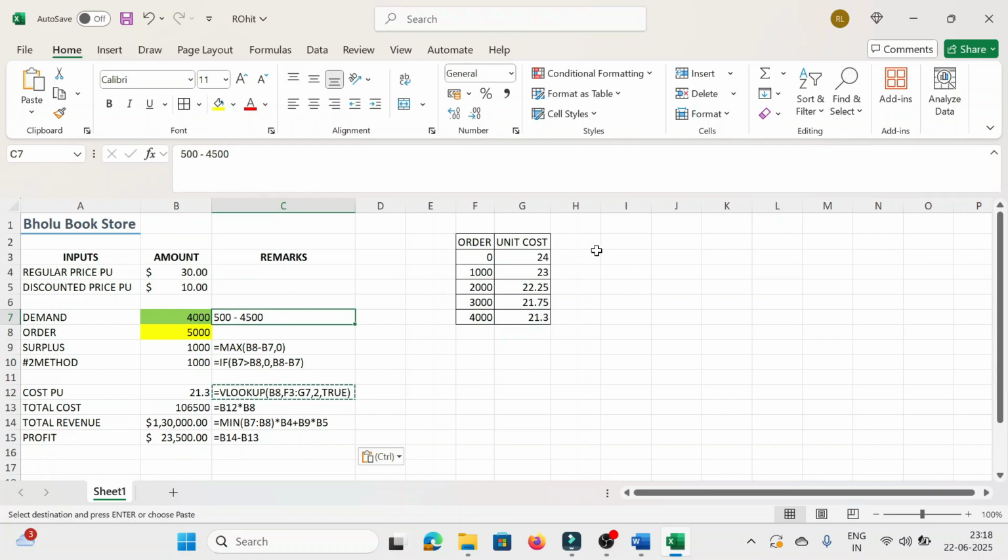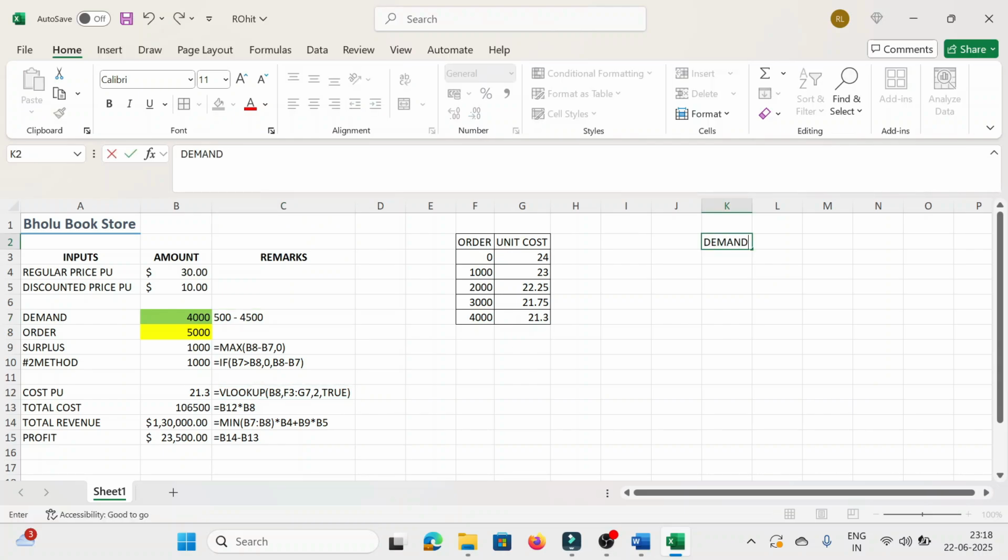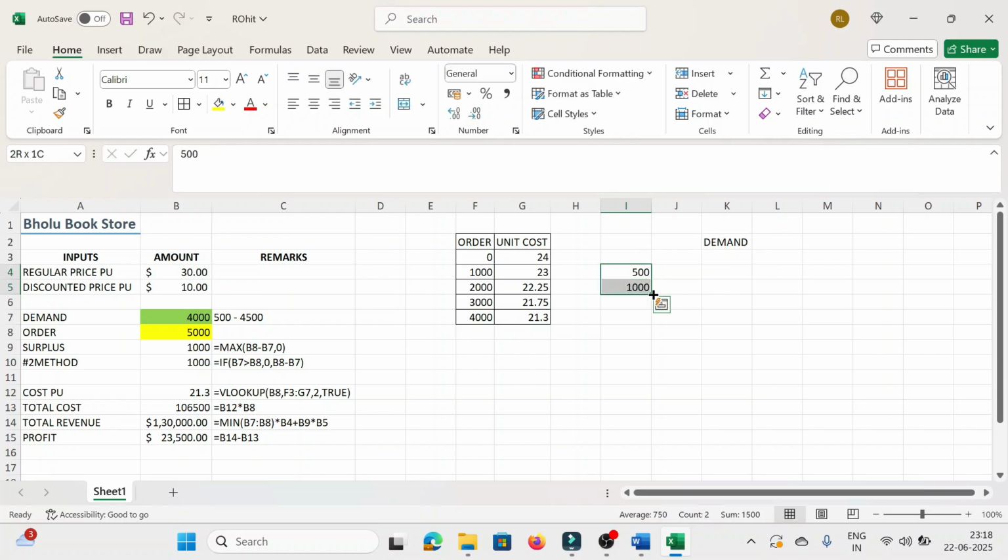So I will make one table where I will mention demand from and I will mention order. So I will just write here 500, 1000 and I will drag it till 4500.